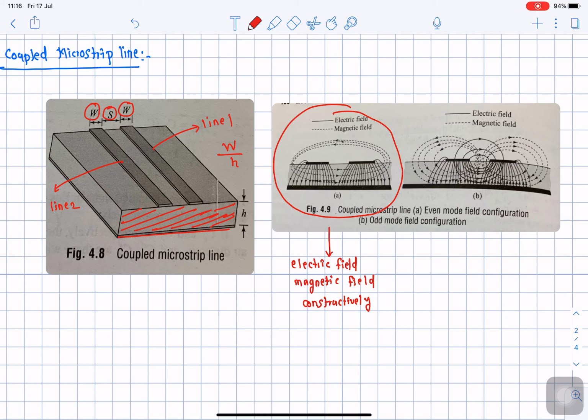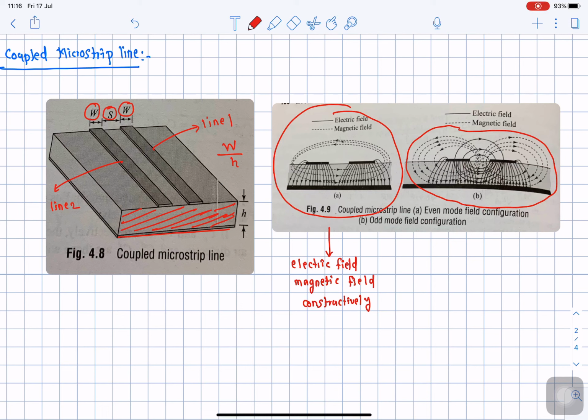Okay. Opposing this, in the odd mode field configuration, the opposite thing will happen. What happens here is the electric field lines of the first transmission line are going from the transmission line to the ground plane, but for the second transmission line, the electric field lines are coming from the ground plane to that particular transmission line. So here the phase of the electric field lines is opposite, and this will generate a difference in the magnetic field. Okay.